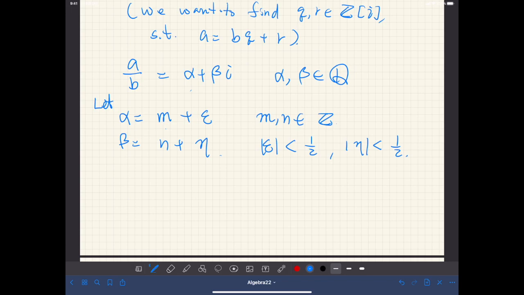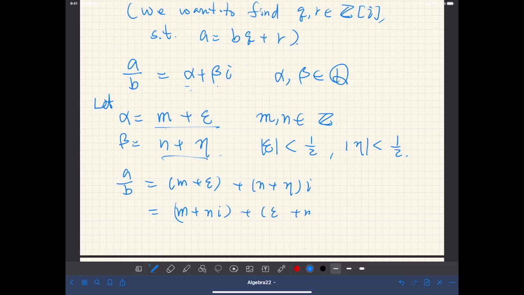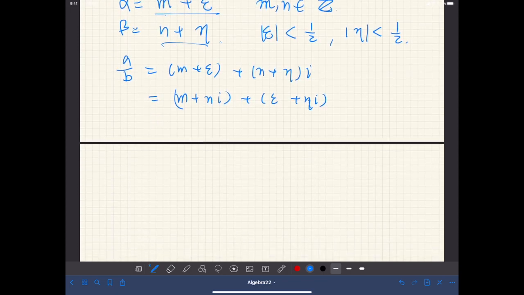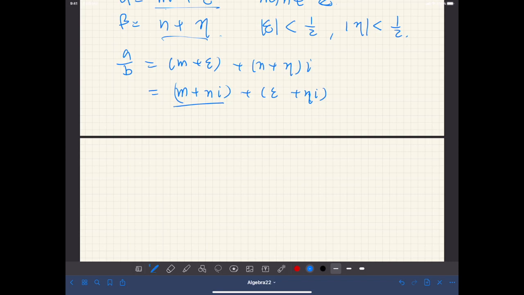Then we have A over B: replace alpha and beta with these, and we have m plus epsilon, n plus eta i, that is, m plus ni plus epsilon plus eta i. Let's define the first part as Q.